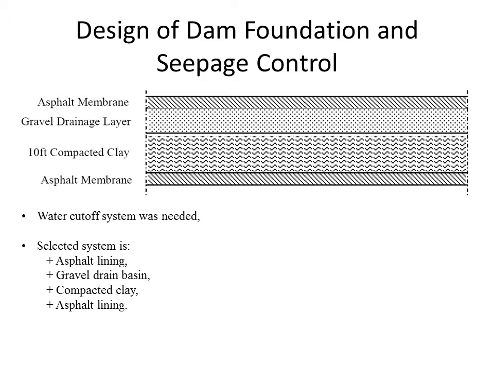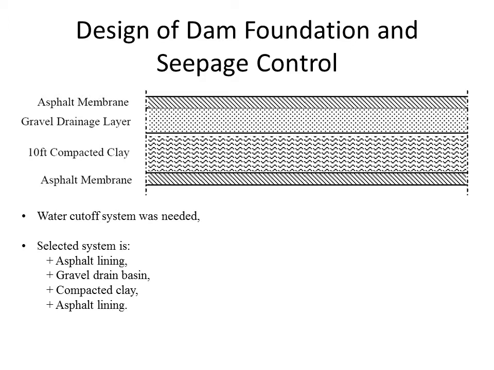The top asphalt layer was used to prevent the water inside the reservoir from penetrating through ground fractures. The underlying compacted clay layer was selected to be a second line of defense against water penetration. The gravel drain basin was mainly used to prevent piping in case of water flow.